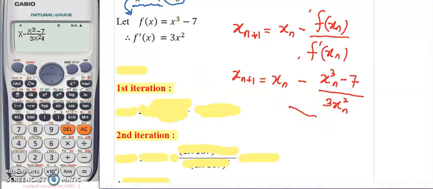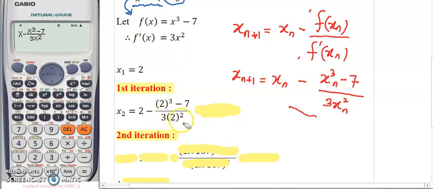Now, according to the question, the initial value is equal to 2, which means that we're going to have our first approximation x1 equals 2. Next, we go on with the calculation. For the first iteration, we will have x2. Substitute 2 into this framework, where all the xn we're going to substitute with 2. So this is the result that we have.